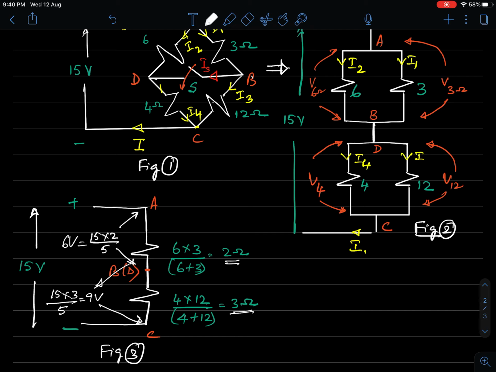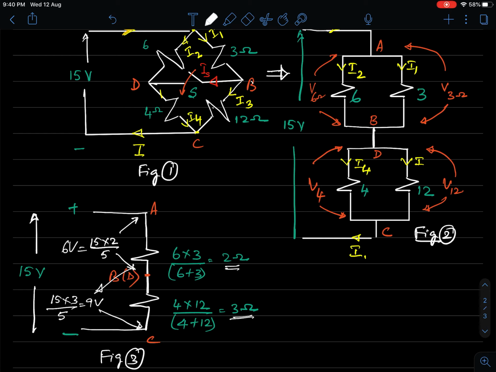Alright, so we go back to figure 2 and we will now write what is the potential difference we are having across 3 ohm. Where did we get this 3 ohm and 6 ohm? They are parallel, which resulted in 2 ohms. So obviously this is 6 volt.